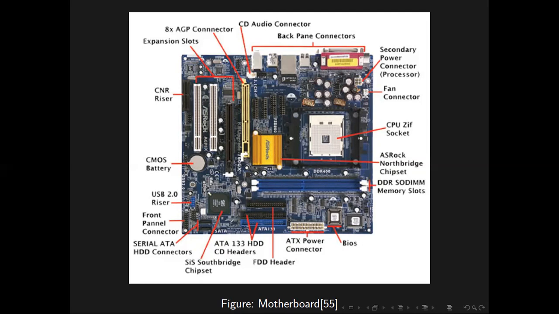Northbridge chipset is very fast, and it cannot retain or save anything. Southbridge chipset is very slow, and does all the works of data input and output. It sends the data to the disk or whatever device is there, and then reads the data back through proper communication channel. Southbridge is slow, Northbridge is fast.